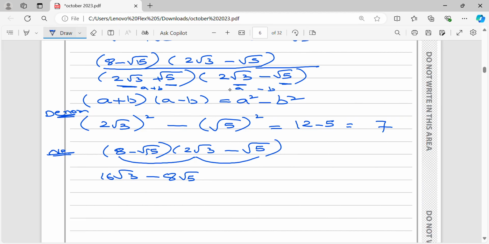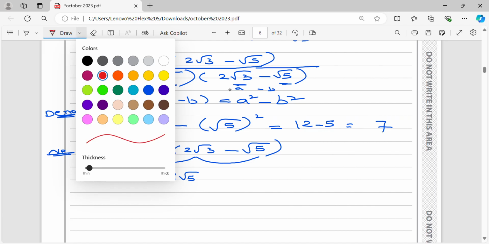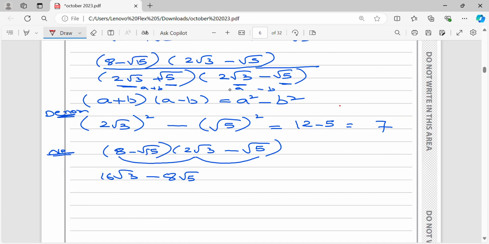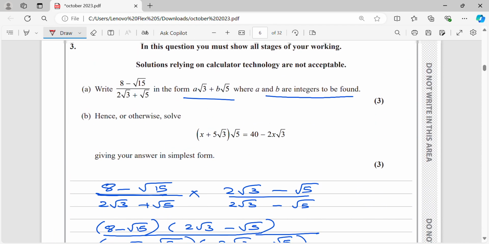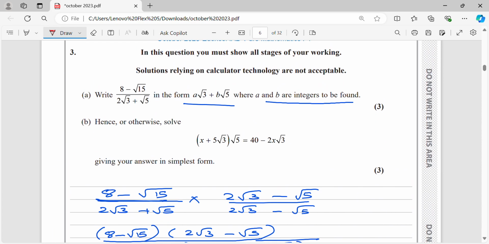Now it's time to multiply minus root 15 with 2 root 3. So this would be minus 2 root 3 times root 15. You can straight away use a calculator here, and your calculator will give you the simplified answer. But you need to be careful, because the question says solutions relying on calculator technology are not acceptable.